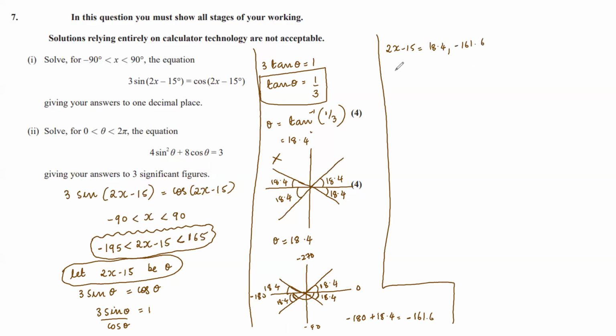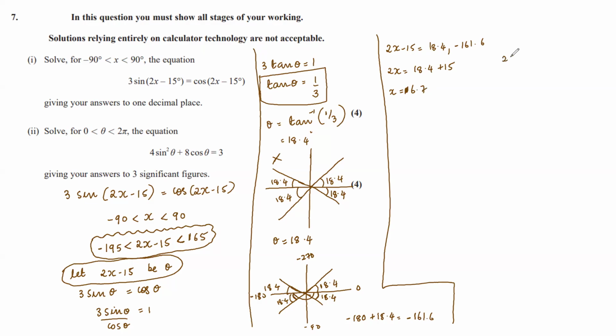We need x. So 2x will be 18.4 plus 15. So 18.4 plus 15 is 33.4. You divide by 2. X will be 16.7.